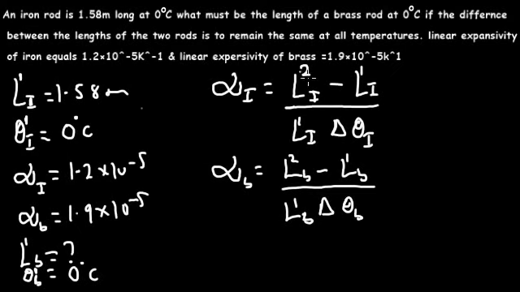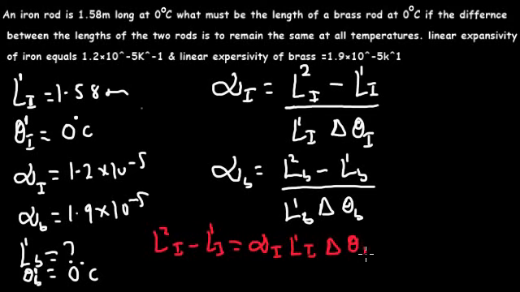Now, if we solve for the change in length of both of them, notice that L2 of iron minus L1 of iron will now be equal to alpha of iron multiplied by L1 of iron, then multiplied by the change in temperature of iron.